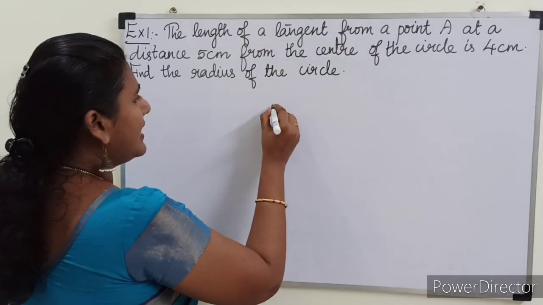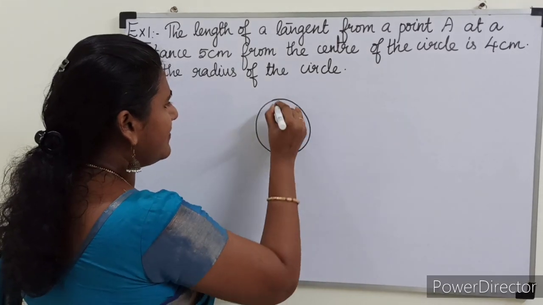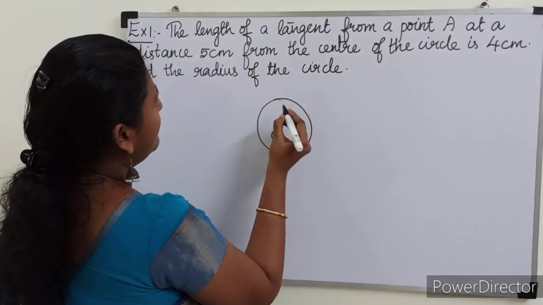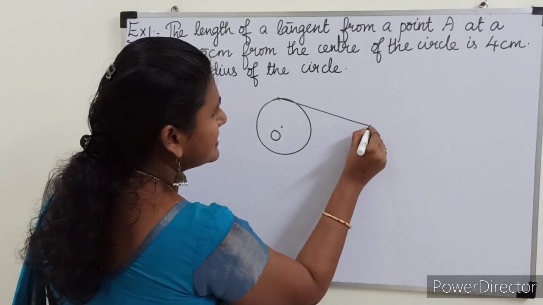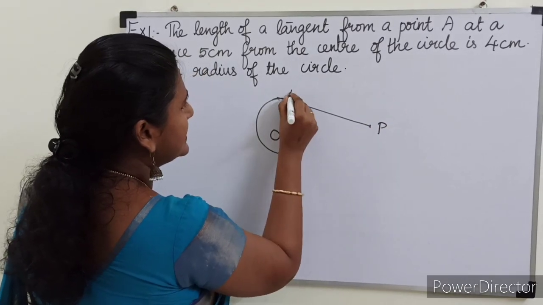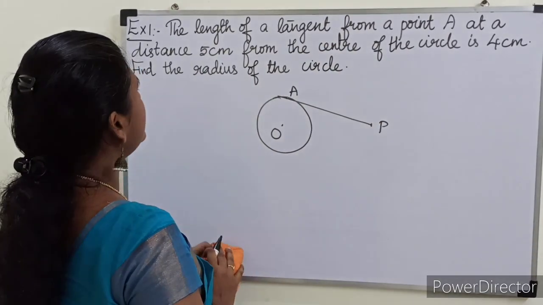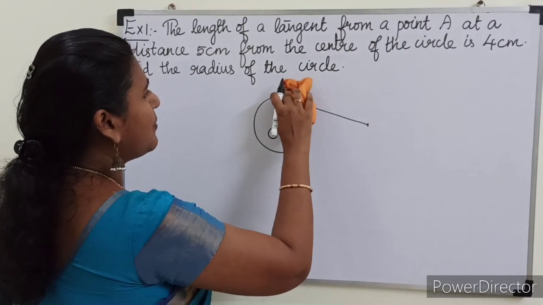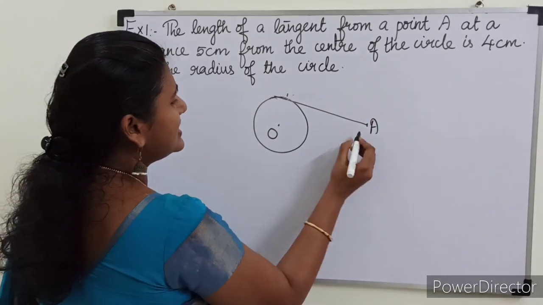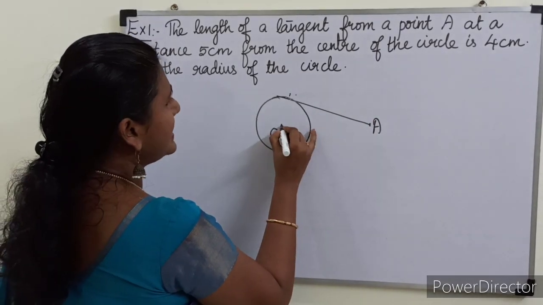So here we have a circle with the center O, and we have a tangent from an external point P. We have a tangent PA. The length of the tangent from a point A. So here the given point is A, which is at a distance 5 cm.